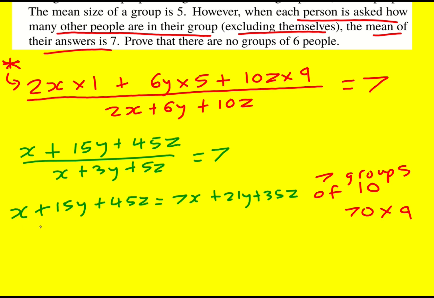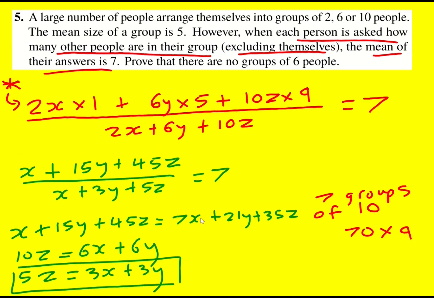And that is going to give me 10Z is equal to 6Y plus 6X. Sorry, I don't know why I didn't do the X first. And therefore, now we can divide by 2 again. 5Z is equal to 3X plus 3Y.